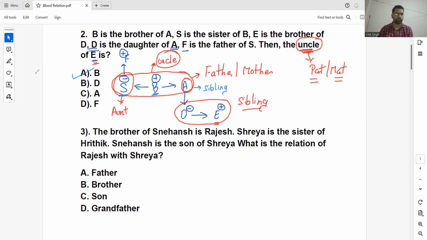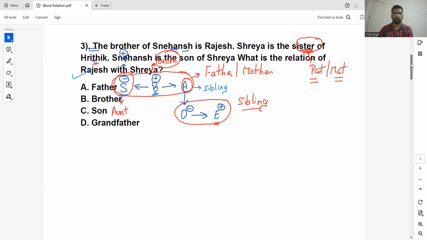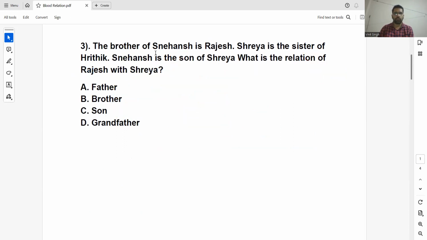Now, question number 3. The brother of Snehansh is Rajesh. Brother of Snehansh is Rajesh. Shreya is the sister of Ritik.